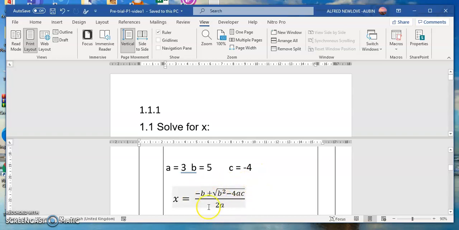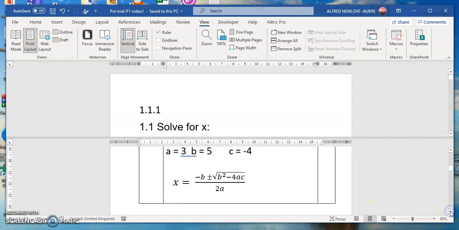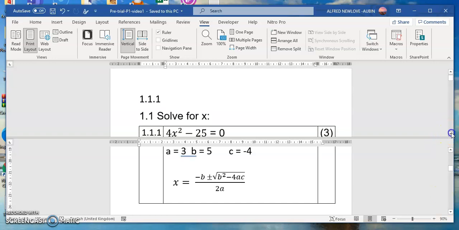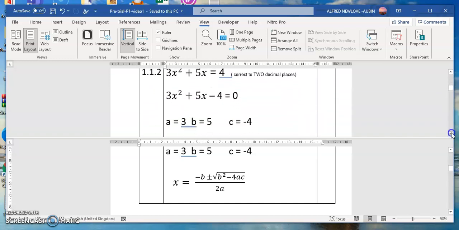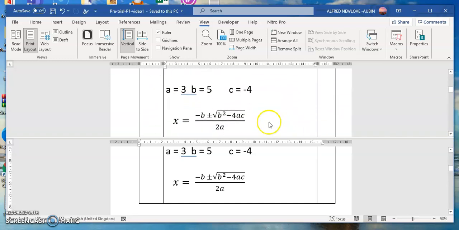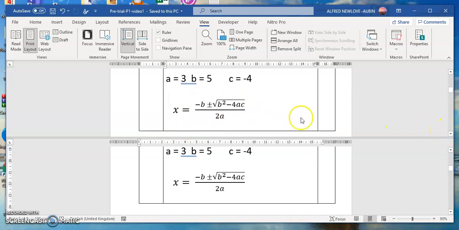You are not going to have any marks for writing the formula, but it will assist you to get the marks. There is marks for substitution. So here, let me leave the formula at the top. This is the formula name. This is our formula. Let me leave it with our substitution.